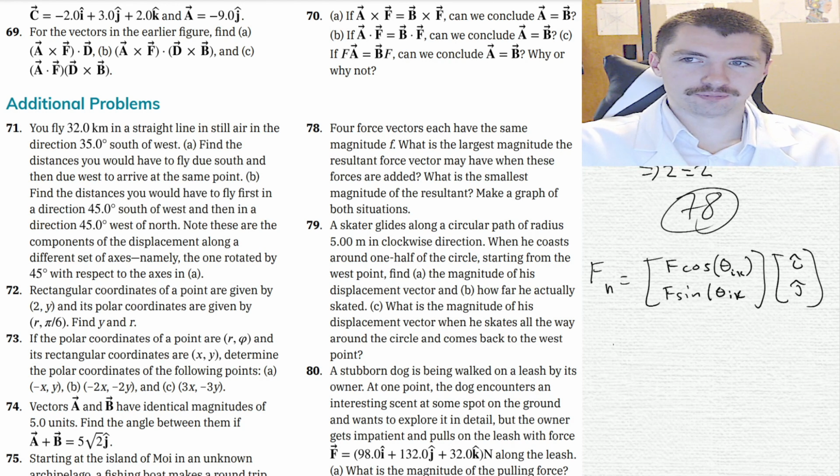Okay, so what is the largest magnitude of the resultant vector force? Okay.